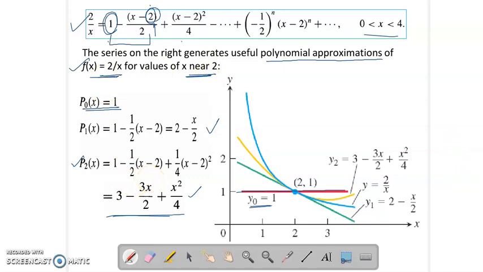So we have y2 equal to this curve, which is represented by yellow, and you see that this blue is the actual graph of the function y equals 2 by x, that's a hyperbola. So you see that near this point 2, all of them will give you a good approximation, right? In fact, as you move from P0 to P1, you will have a better approximation, and as you move from P1 to P2, you will have a still better approximation, right?